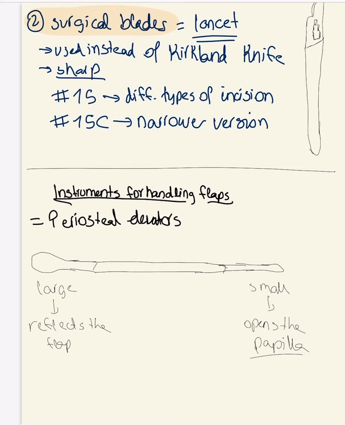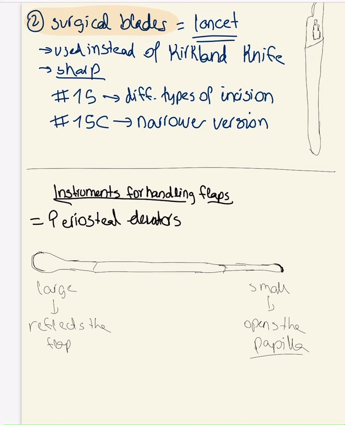Just to remember, the pointed end is used for the interdental papilla. The broad end is used to elevate the tissues to reflect the flap. We also have another type of elevator that is specially for the interdental papilla.